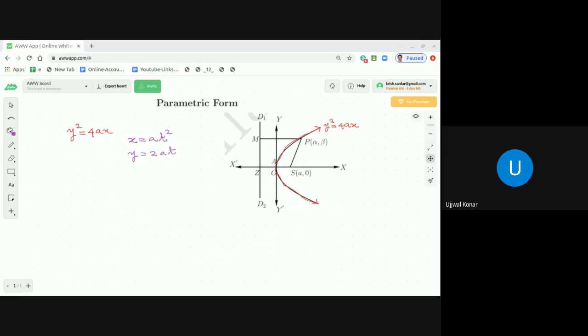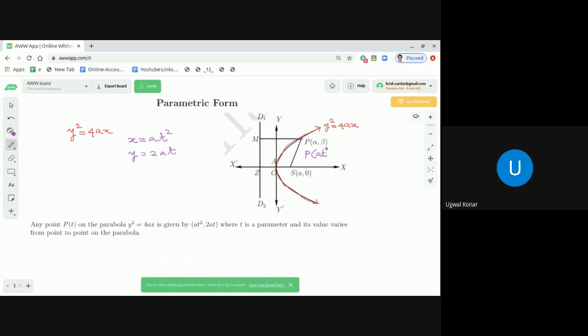So what is that t? t is a parameter, as I said. Now the point P will have the coordinate at square, 2at. That means if you take a point P on that parabola, for example the parabola shown in the diagram, in the Cartesian coordinate system its coordinate is alpha, beta, but you can also write the coordinate of this point P as at square, comma 2at.